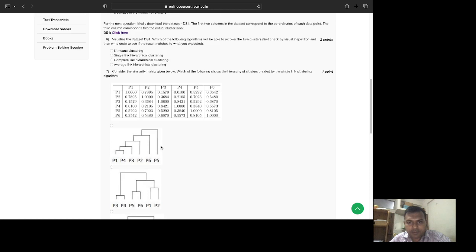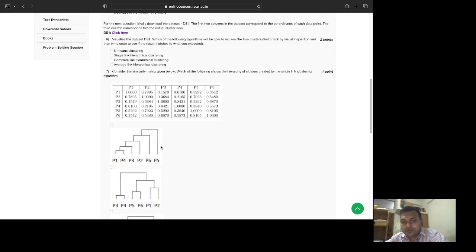I think it is about hierarchical clustering, single link clustering and so on, right? Yes, correct. Basically what you need to do here is, for P1 and P2, the similarity is given. Similarity means it's an inverse of distance. P1 and P2 being very similar to each other means that the distance between them is very less.